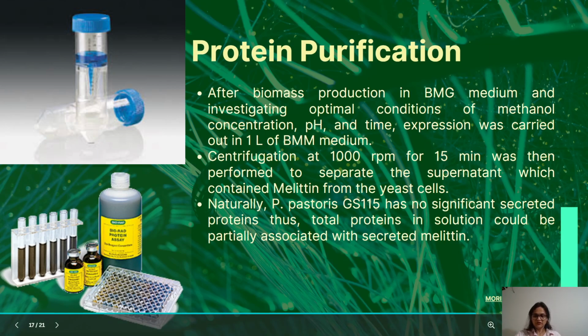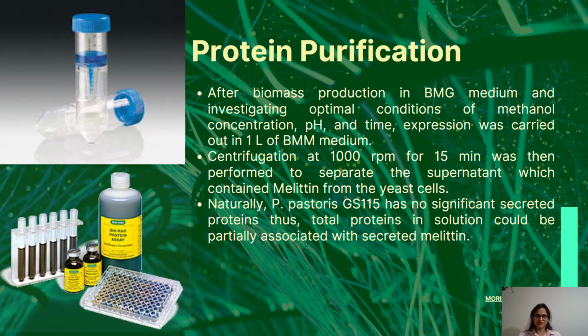After the screening of the best transformants, the protein purification was done. So for the protein purification, after the biomass production in the BMG medium and investigating the optimal conditions of methanol concentration, pH, and time, like the previous slide I mentioned, centrifugation at 1000 rpm for 15 minutes was done, containing melittin from the yeast cells.